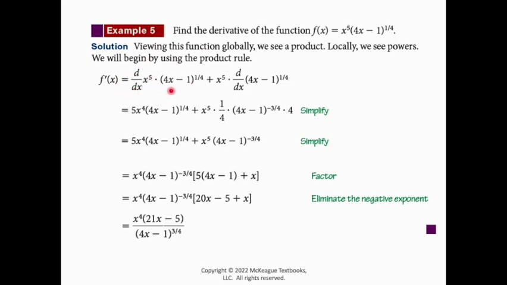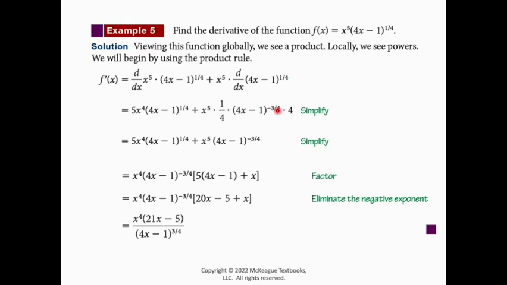Now, when we go to take the derivative of x^5, we're going to get 5x^4. This part right here, the (4x - 1)^(1/4), just gets carried down. Now, for the second factor here, we have x^5, that gets brought down. But now you have to take the derivative of the second function, and this is where you need to use the chain rule.